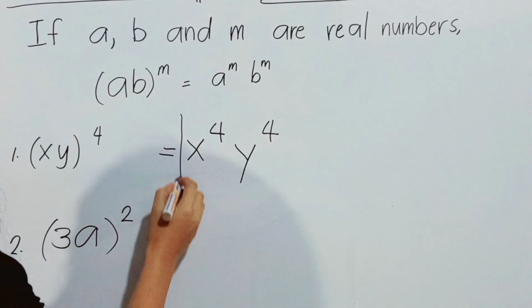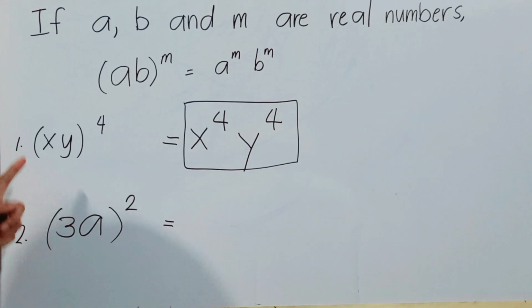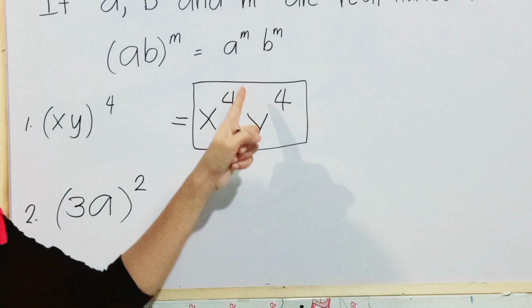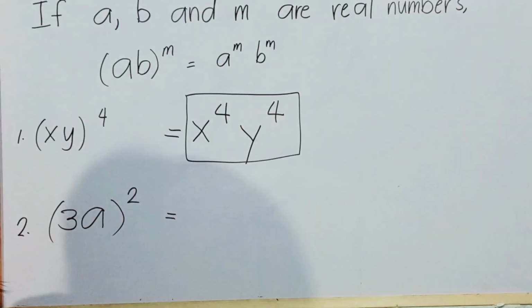So this will be our final answer: the quantity xy raised to the power of 4 is equal to x raised to the power of 4 and y raised to the power of 4.